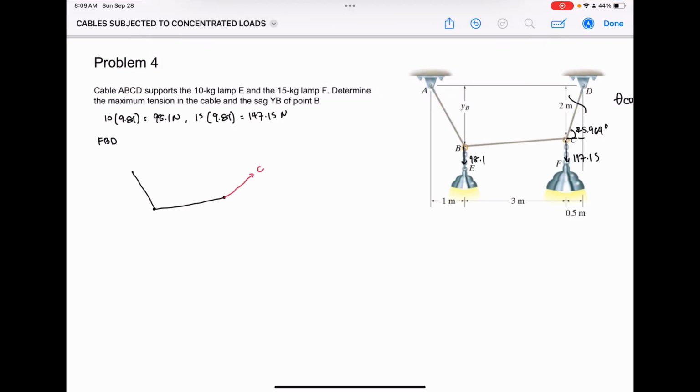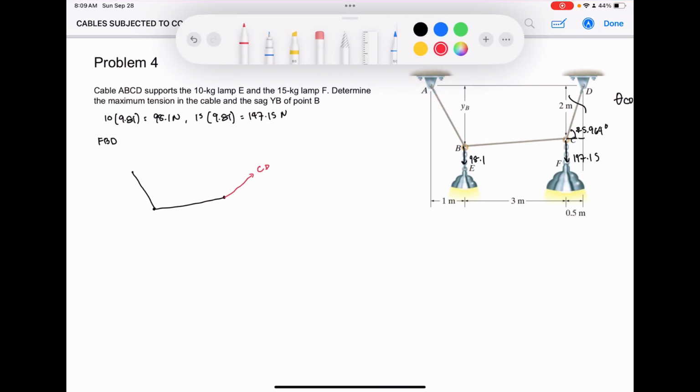We have CD. Then we have AX, AY. For the dimensions, we have 1 meter.